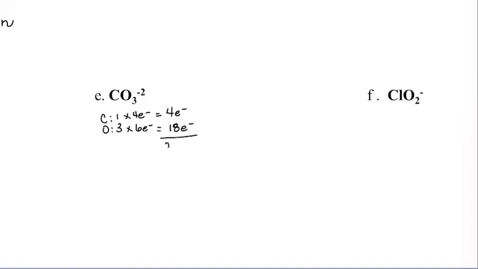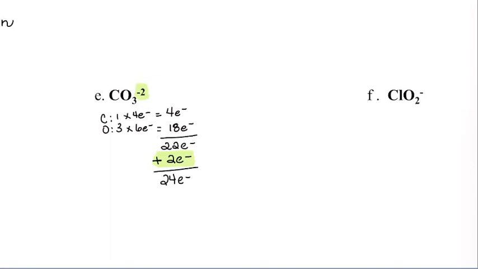So at first, we're going to say that there's 22 electrons available for bonding. Now, because there is a -2 charge, we're going to add 2 electrons to our valence electrons count. That's because the overall charge is negative. So for carbonate, there are actually 24 valence electrons available for bonding.